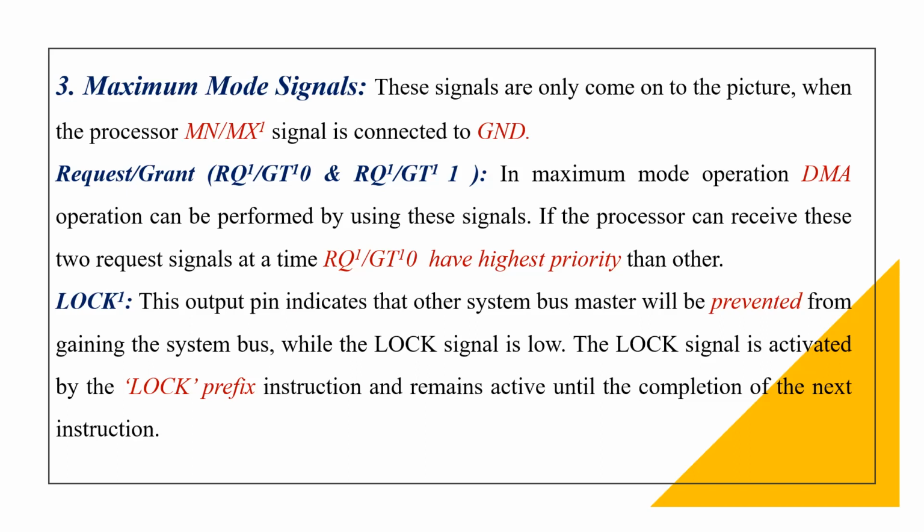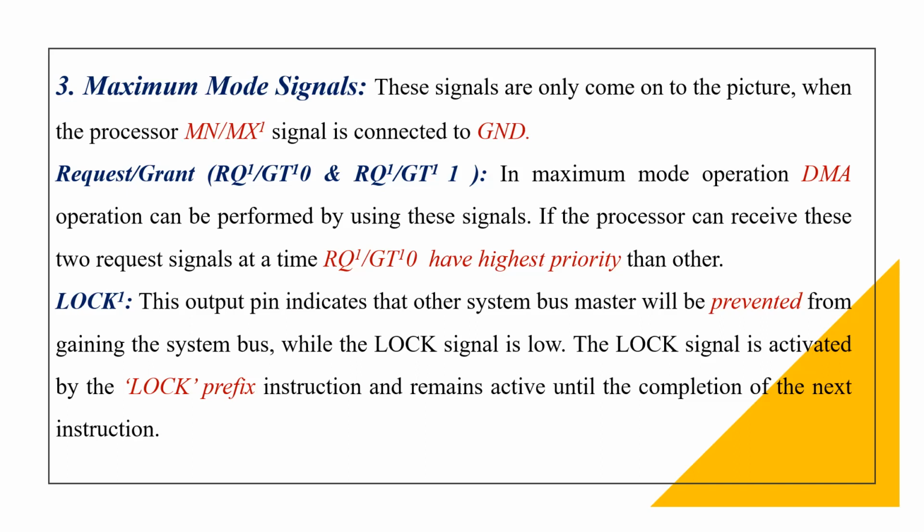The next one is the lock bar signal. This output pin indicates that other system bus masters will be prevented from gaining the system bus. That means in maximum mode, your system may contain more than one processor, but we have only one bus. If any processor is using the system bus, then automatically it will generate a lock bar signal that indicates to the other processors present in the system that no one should try to access the system bus because it is executing some important tasks.